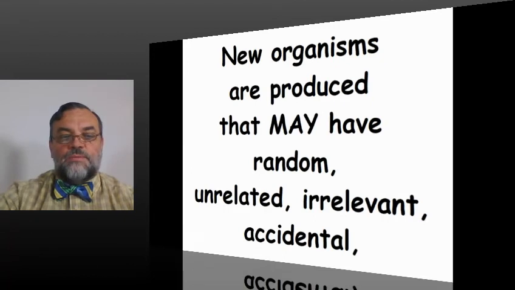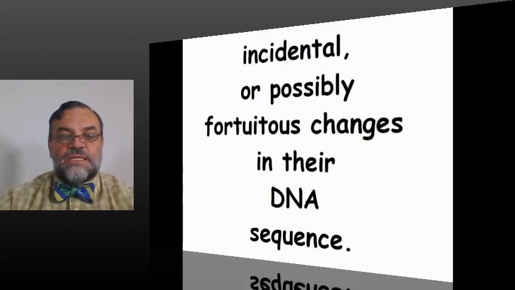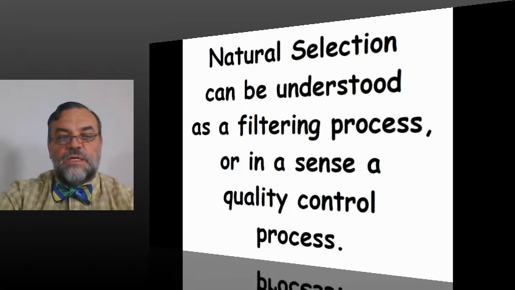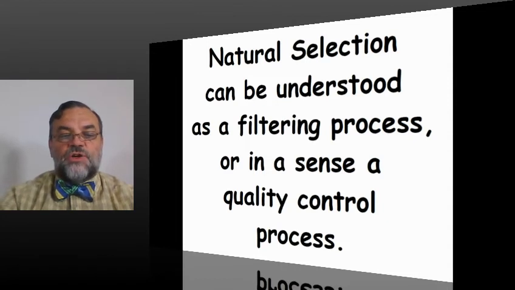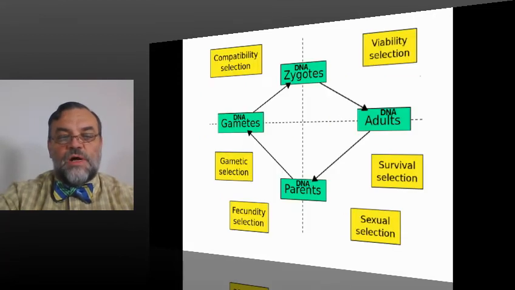New organisms are produced that may have random, unrelated, irrelevant, accidental, incidental, or possibly fortuitous changes in their DNA sequence. Natural selection can be understood as a filtering process, or in a sense, a quality control process.